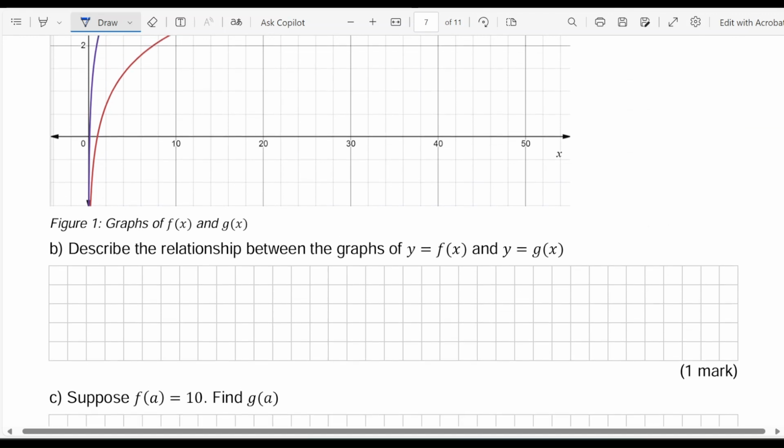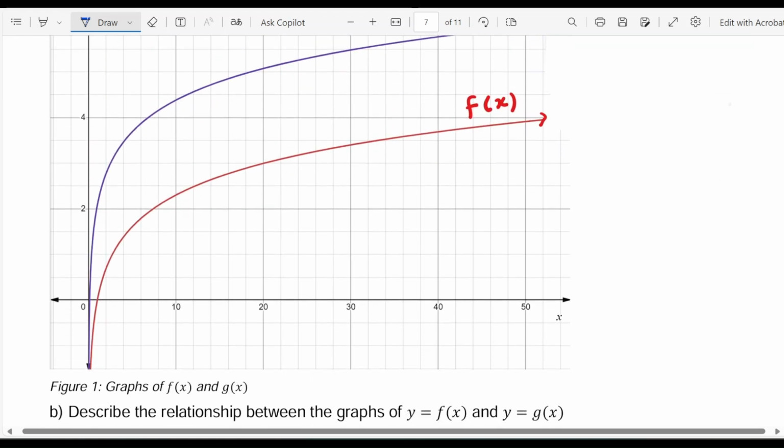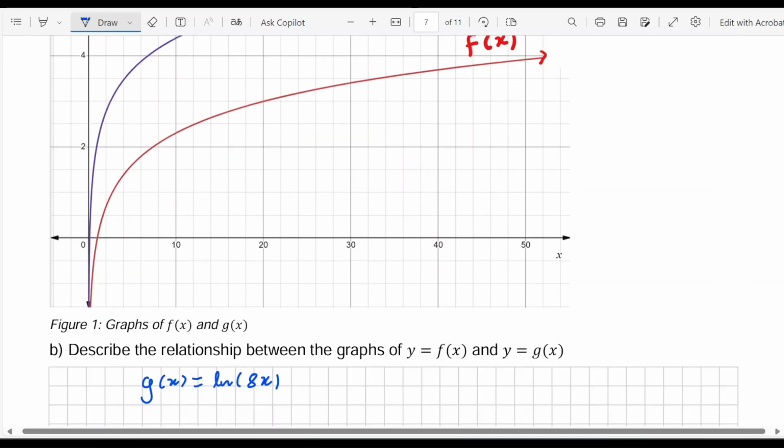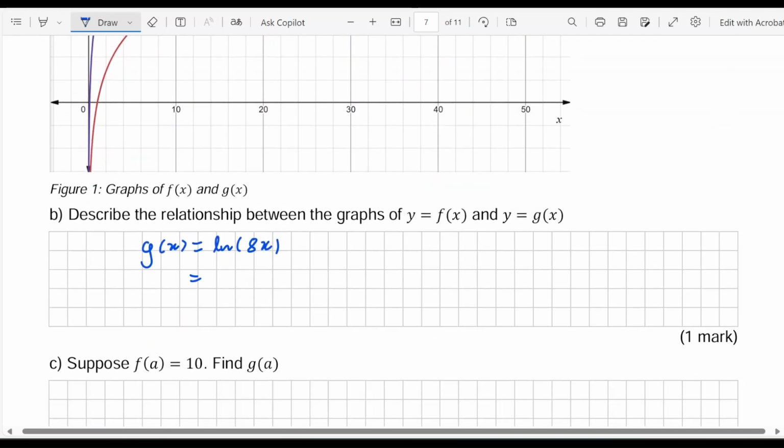There's the graphs, state the relationship. So g of x is log of 8x. Now we know the slopes are the same, so this can't be a stretch of any kind, because then the slopes would be different. So we can split this apart: log of 8 plus log of x.